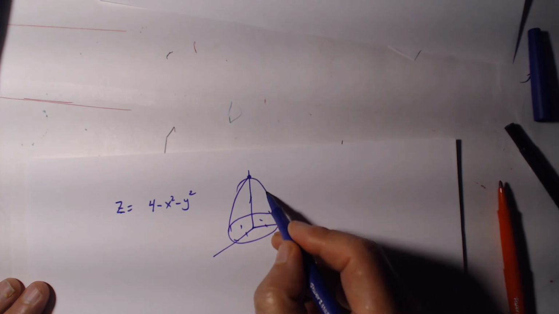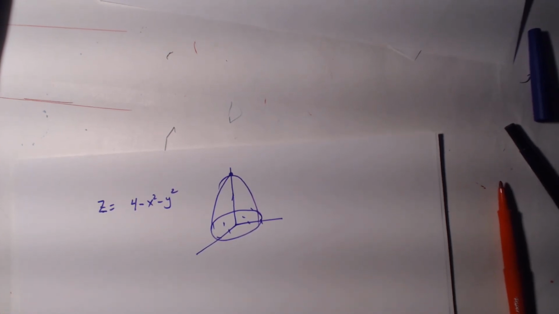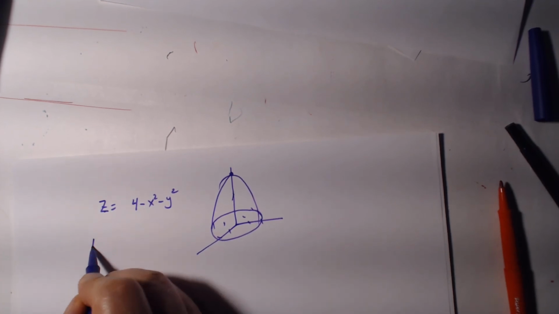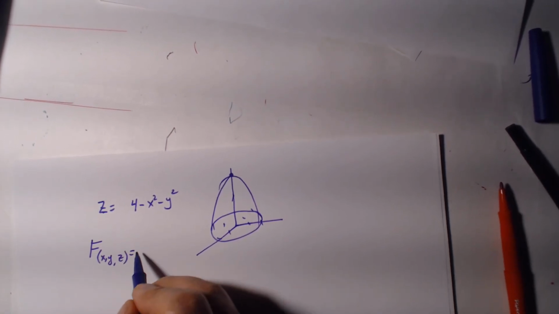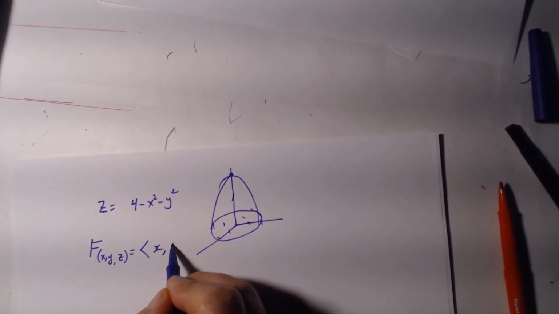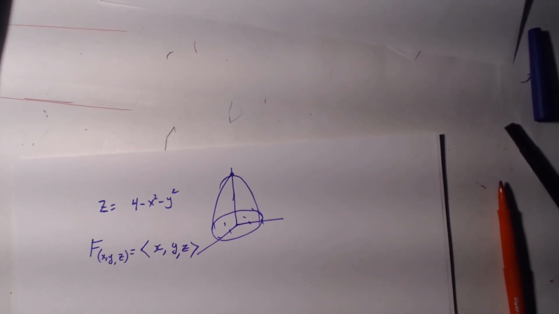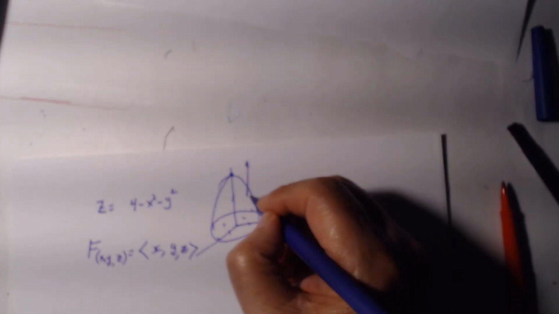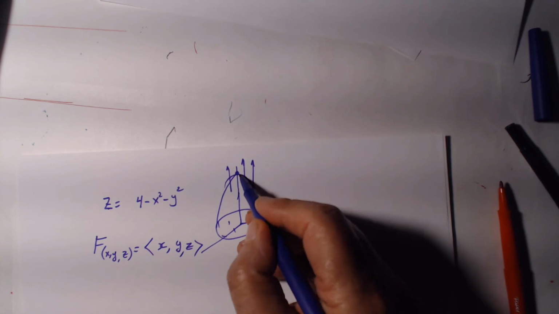Therefore, this is an elliptical paraboloid facing down. I want to know, if I do have some vector field, which is a function of x, y, z, and that's x, y, and z, what is the flux?